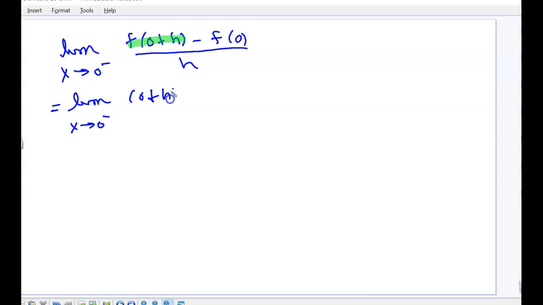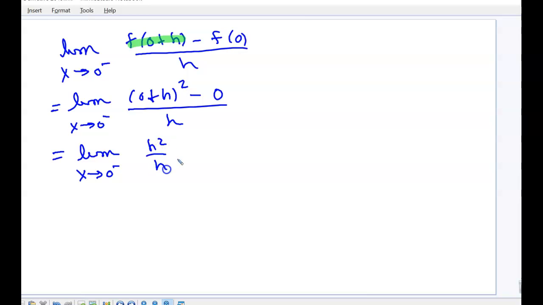So it's going to be 0 plus h squared. Again, f of 0 is still 0, over h. So this ends up being the limit as h approaches 0 from the left of h squared over h, which is going to be h. And if I plug 0 in, I get 0.